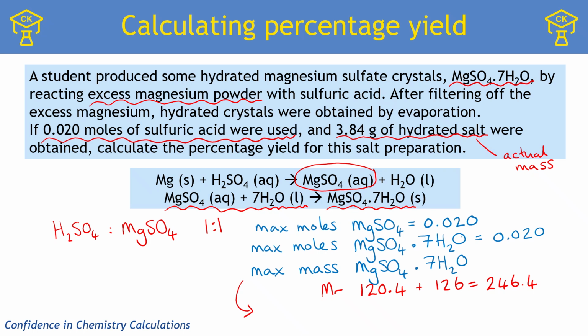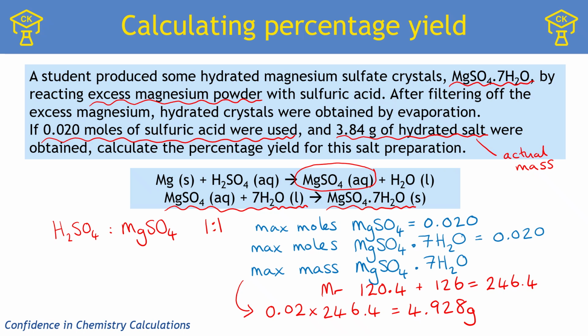maximum mass is going to be equal to moles times Mr, 0.02 times 246.4. My maximum mass is therefore going to be 4.928 grams. Now I go back to my yield and my actual mass that's given.